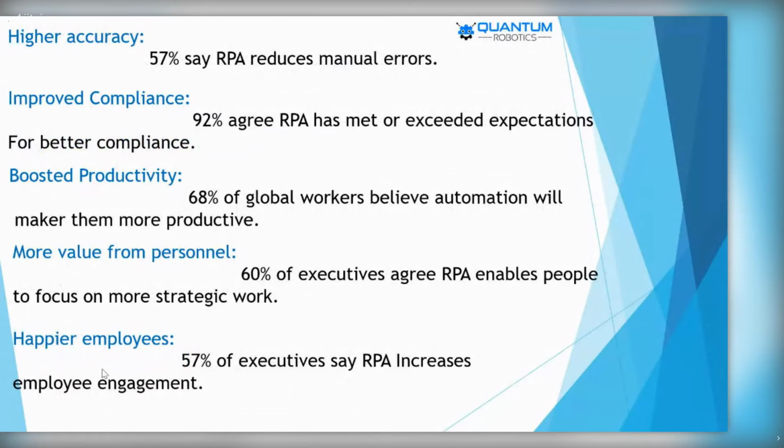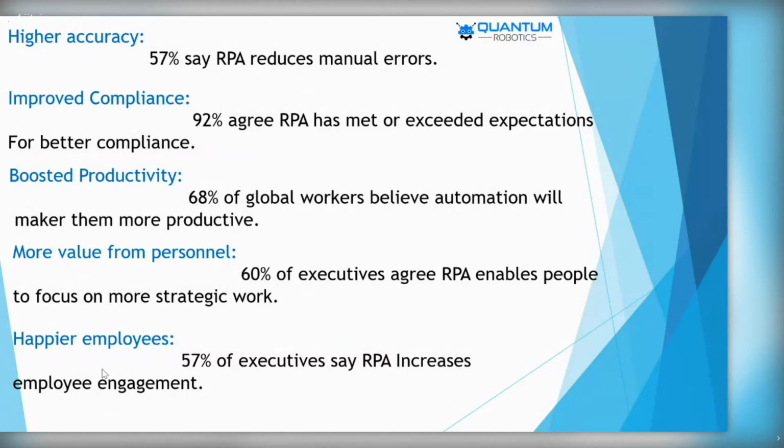57% say that robotic process automation reduces manual errors. Yeah, it is true. Humans can do the work in an efficient manner, but they make a few errors. Robotic process automation can reduce errors by 98.9%.